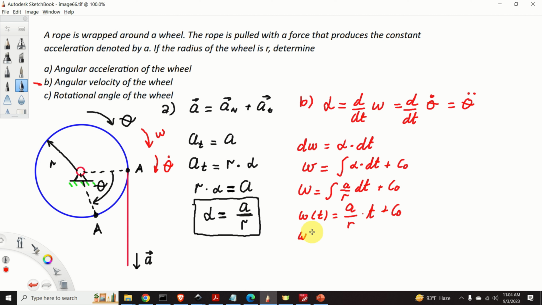Let's show that omega of 0 should be equal to 0, so we have A over r times 0 plus c0 should be equal to 0, and from here we obtain c0 is equal to 0. And omega as the function of time is simply A over r times t.